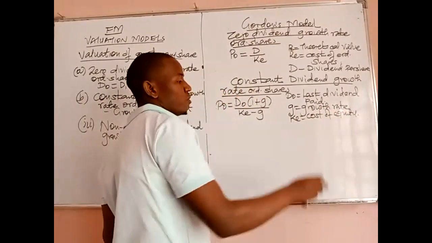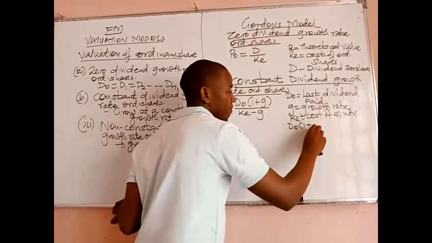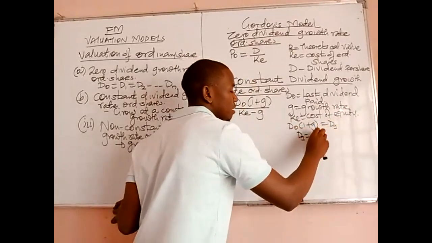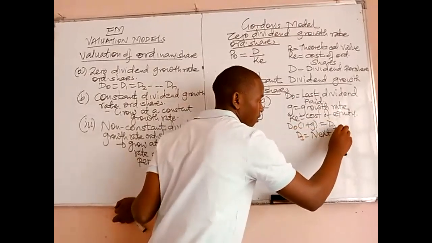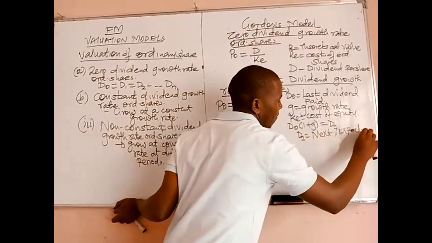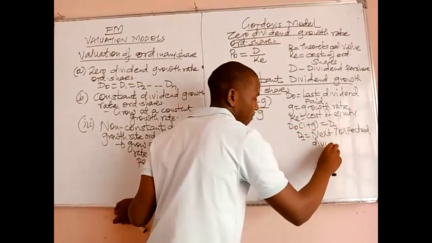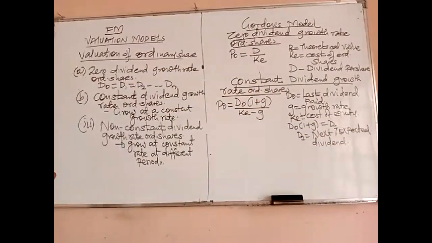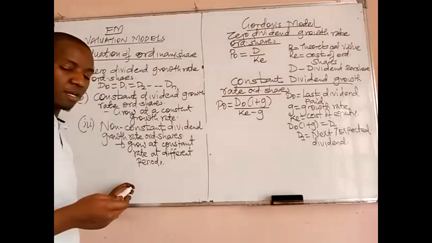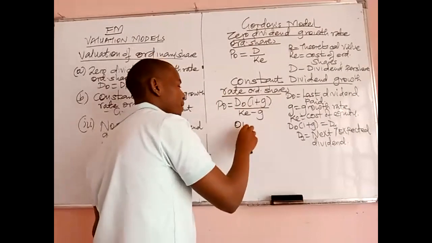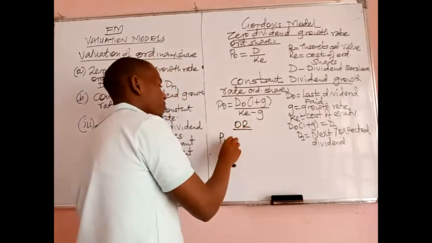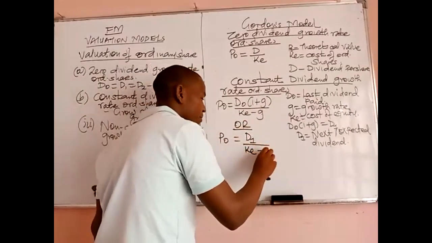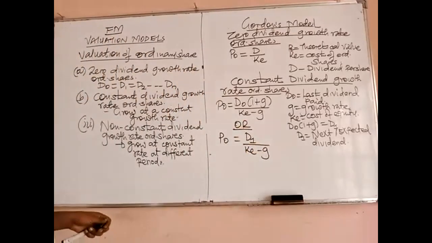So D0(1 plus g) is giving us D1, and D1 here is what we call the net or expected dividend. Now, if we have the expected dividend, then P0 will be given by D1 over KE minus g.